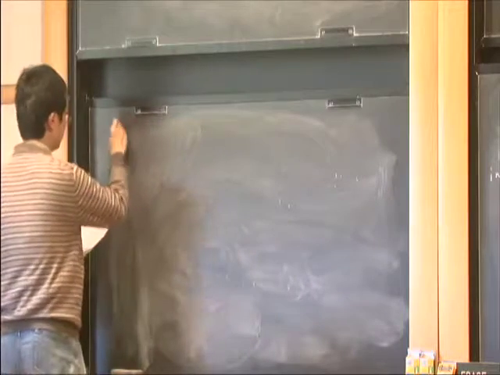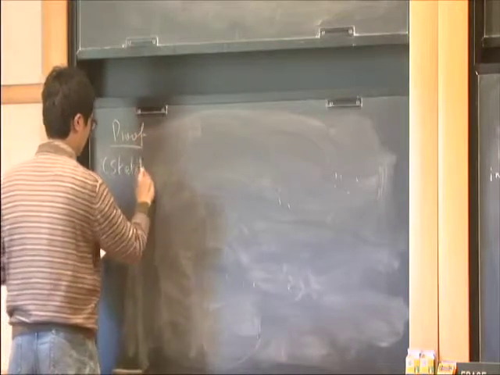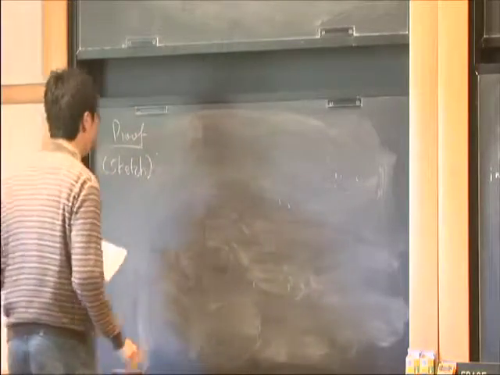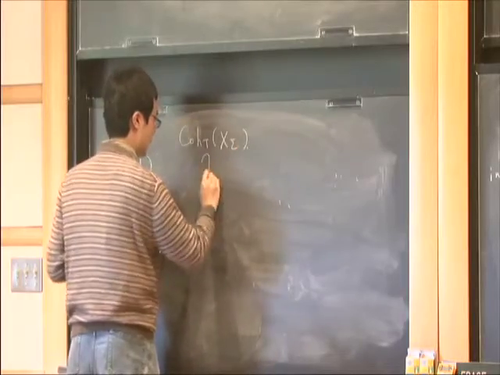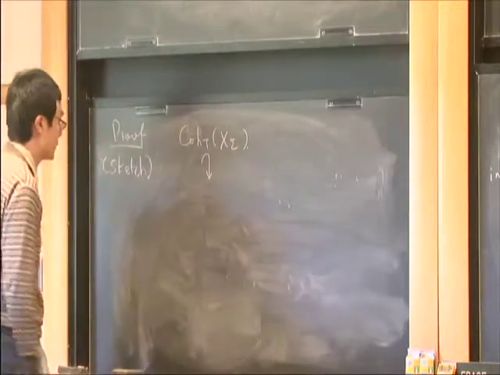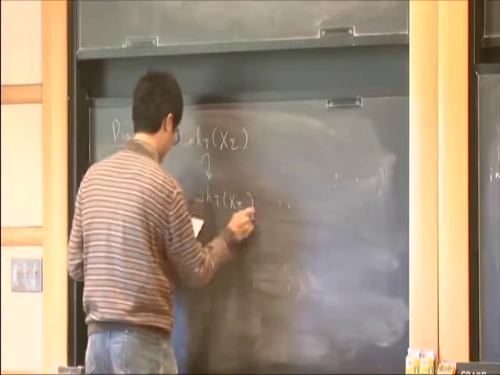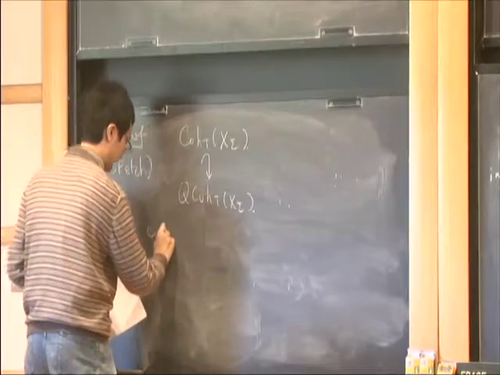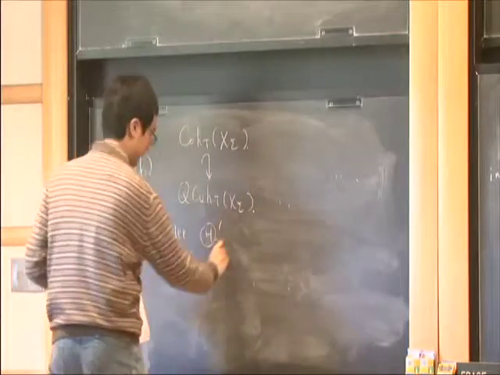Okay, a sketch of the proof is, first, I embed this category of coherent sheaves into the category of quasi-coherent sheaves, and consider this sheaf, which I call theta prime.